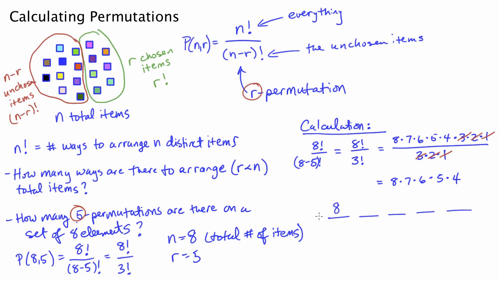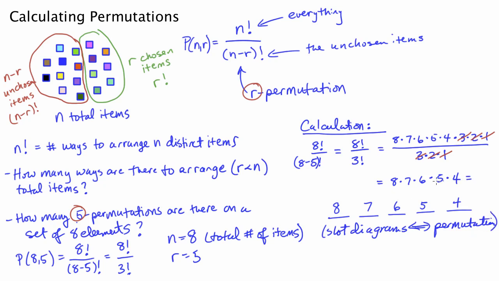Well, I've got 8 because there's 8 total elements I'm picking from, which leaves 7 to be put in second place, 6, 5, 4, and so on. So the slot diagrams can also be used when thinking about a permutation. So that's something to keep in mind as you're working through these examples.